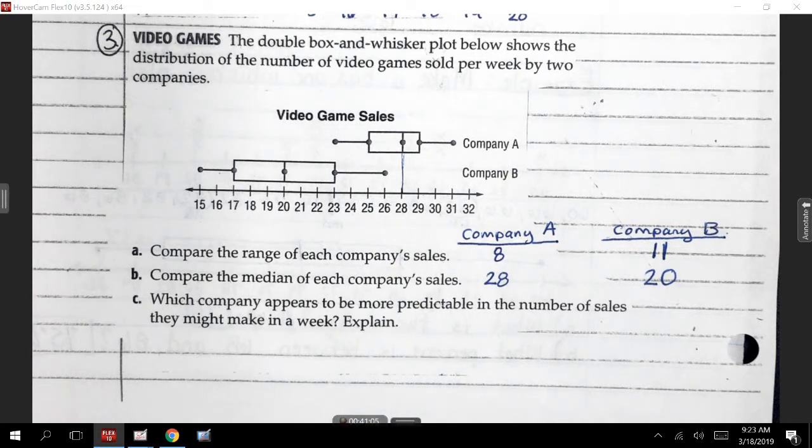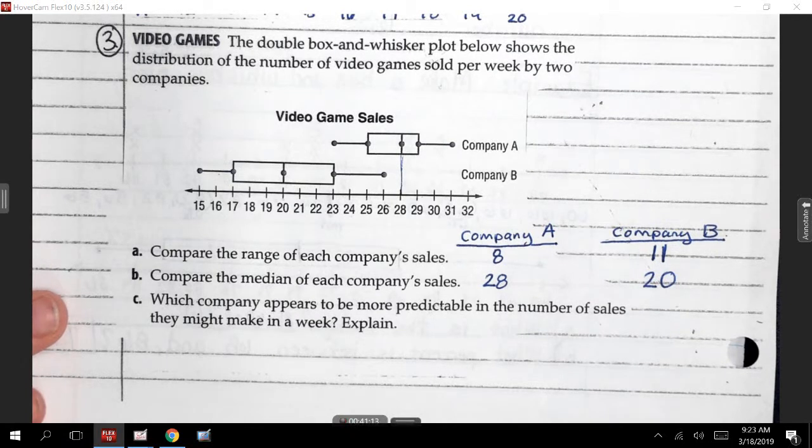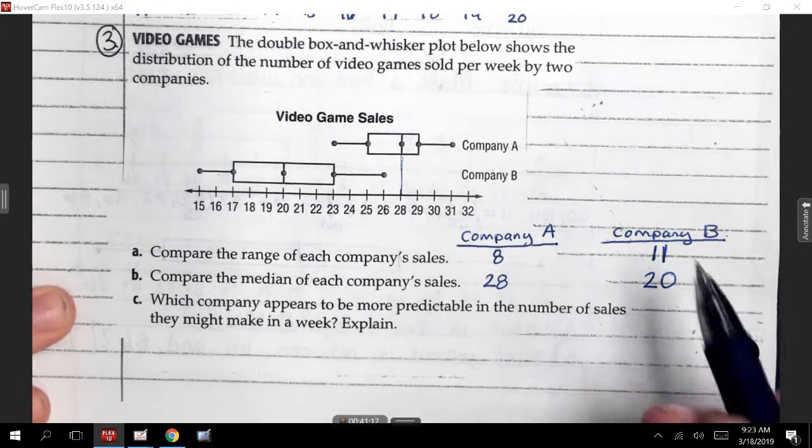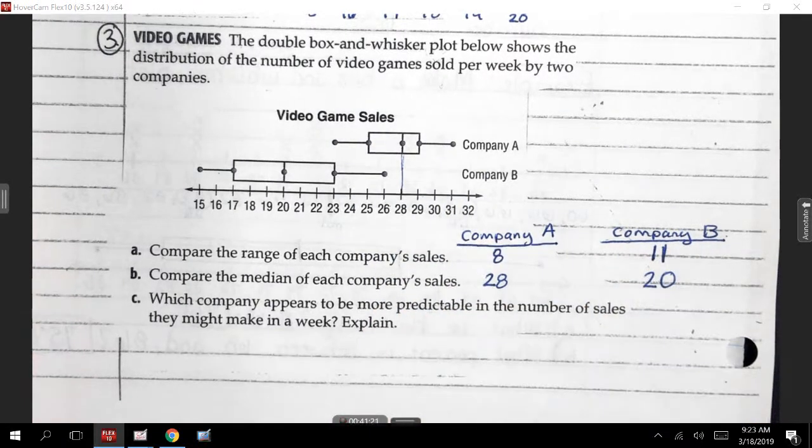Dylan? Company A would be more predictable because the range is closer together. Okay, so I like that. Dylan says he thinks company A because the range is closer together, which means my sales have to be closer together.